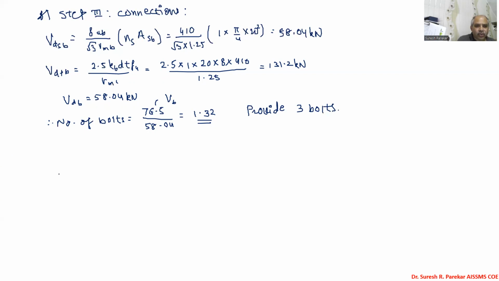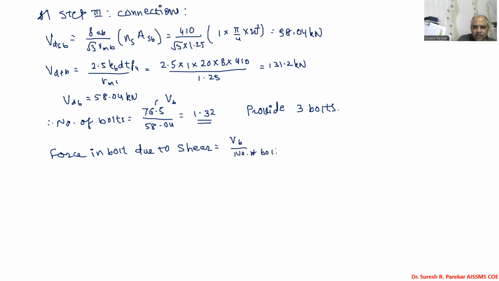Now we will go to the force in bolt due to shear, which is equal to the shear force VB divided by N, the number of bolts.